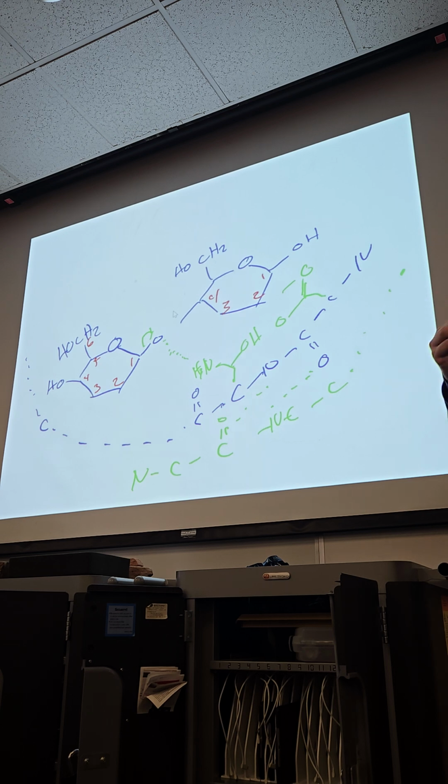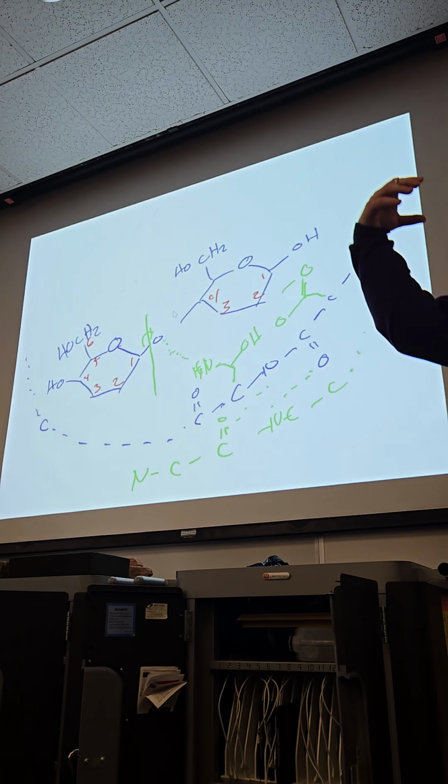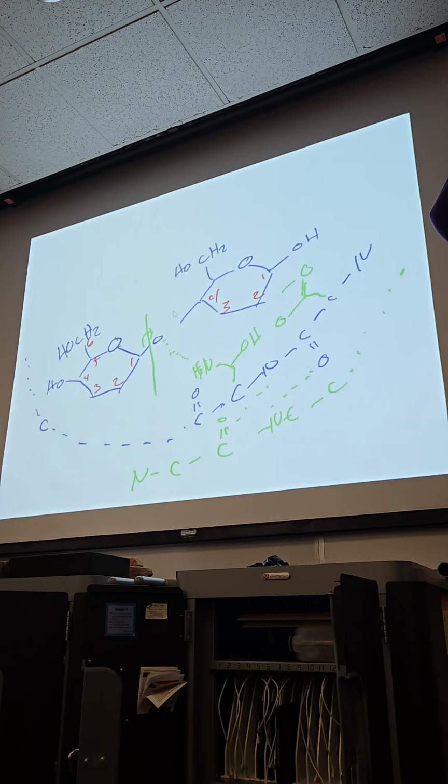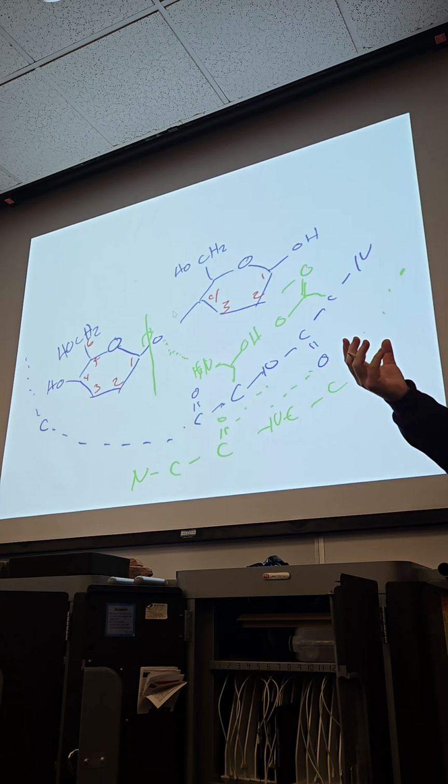And so what that's going to do is that's going to allow this to break. Okay? And all I need to do is increase the likelihood of it breaking. And so that's what enzymes do. They hold things in place. And so this enzyme is going to have a certain shape that's going to fit this molecule. It's going to have certain charges that are going to bind with the functionality of it. And it's just going to hold it in place.